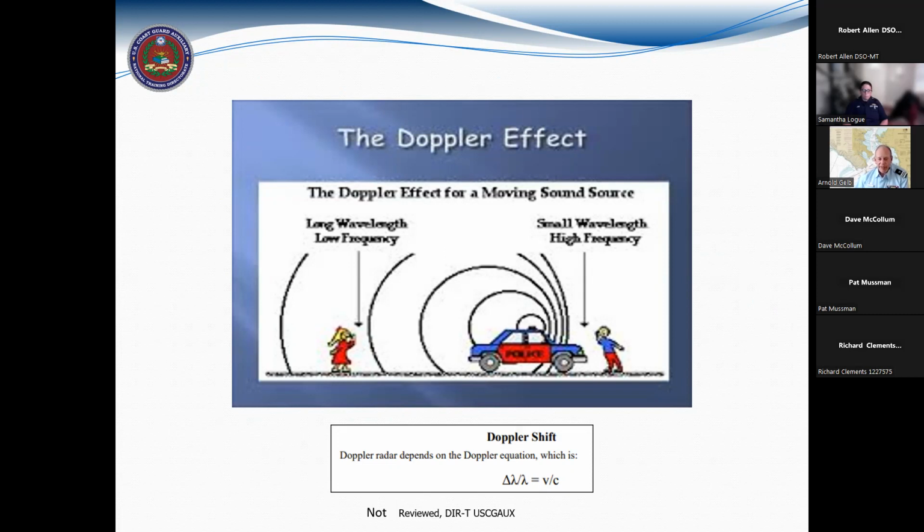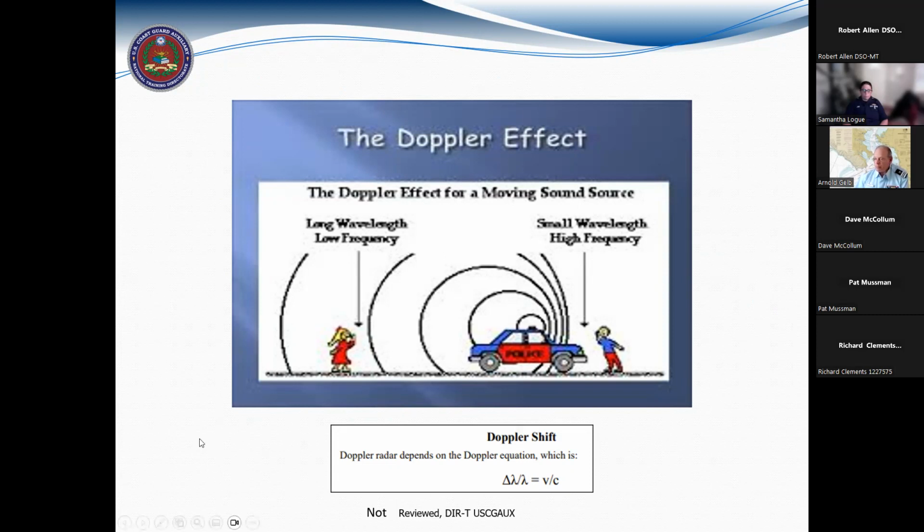So this shift that you're seeing is proportional to how fast things are moving. And that's why it's very regular, and why we can assign pseudo-colors to it on a display.